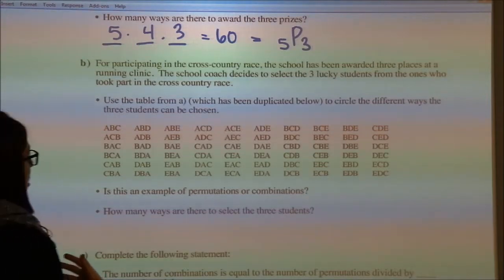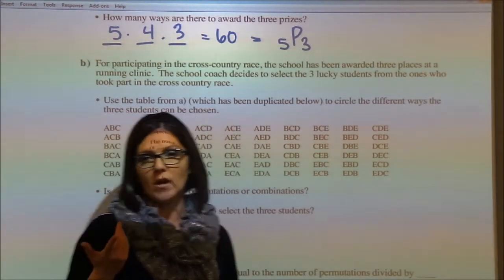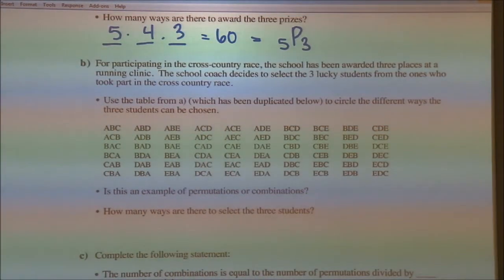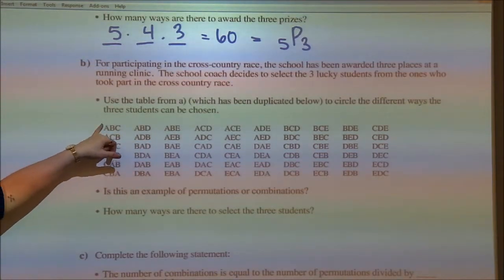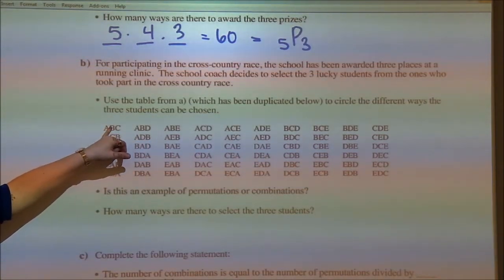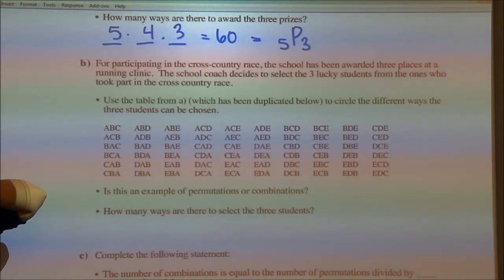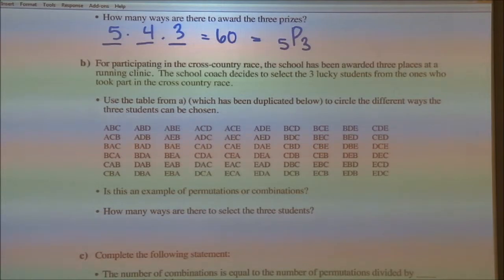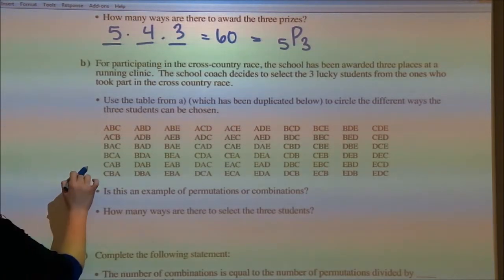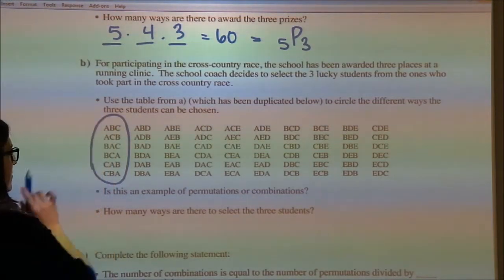So the table, which was duplicated from the one above, because I'm pulling really the same orders out, but in this case, does it matter if I pick Al first, before Byron and before Colin? No, because all 3 of them get to go to the same event. There's no precedent, there's no favoritism, there's no privilege to picking the one over the other. So this becomes one group.